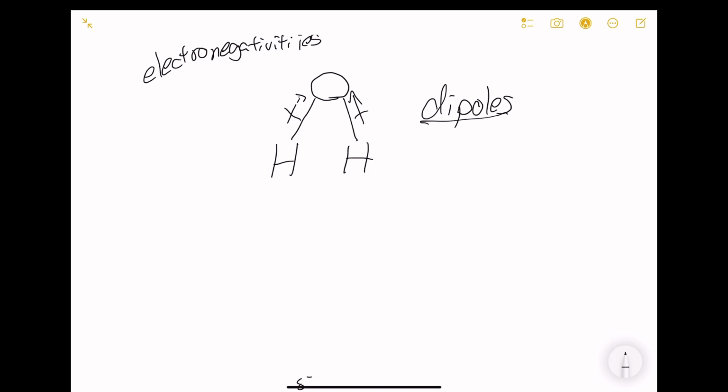Because the oxygen is attracting the electrons, it becomes partially negative, while the hydrogen becomes partially positive. Because of the difference in electron density, we know that water is a polar covalent molecule.